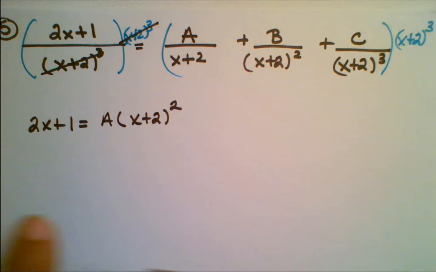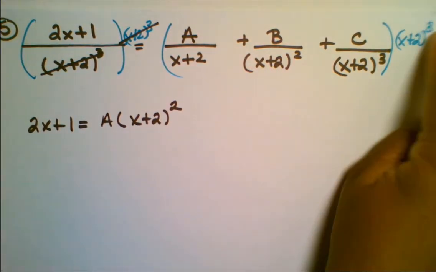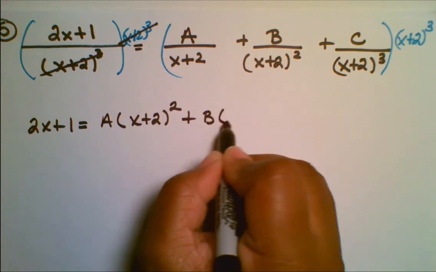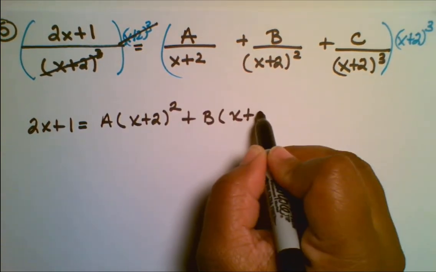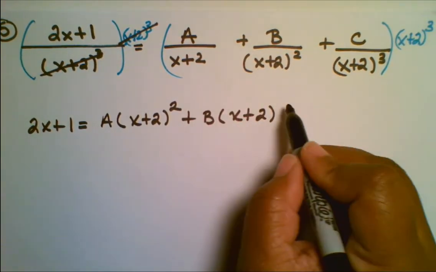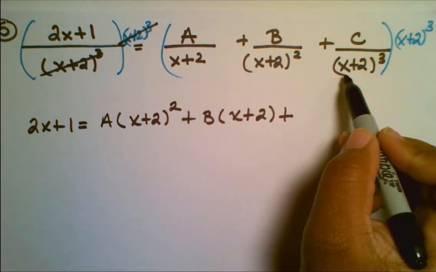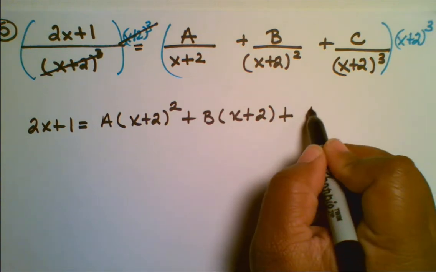The next term, we're taking 2 out of 3 of the x + 2's. That's going to leave us with B times (x + 2). And then for C, the denominator and the LCD cancel out. We're left with C.